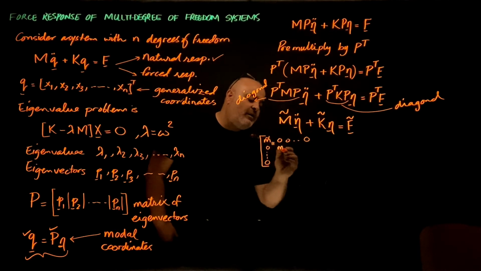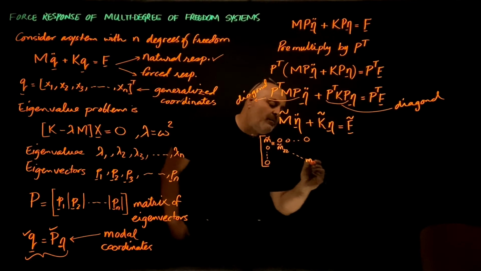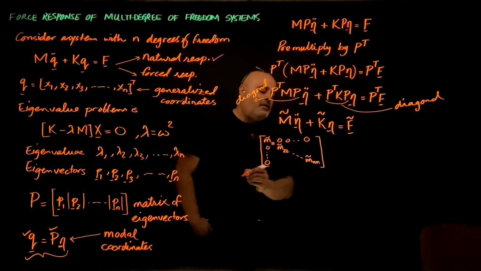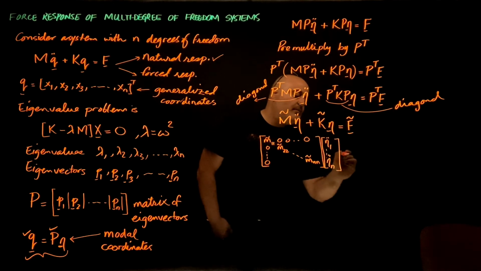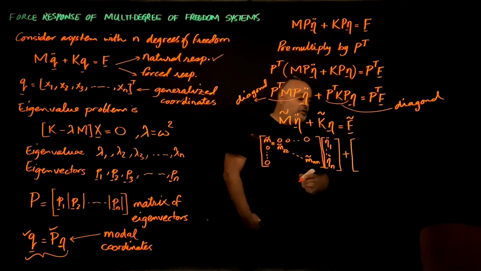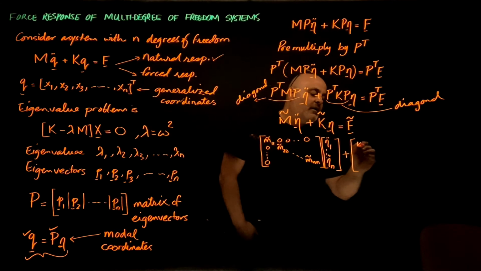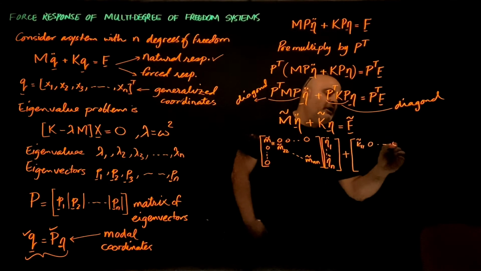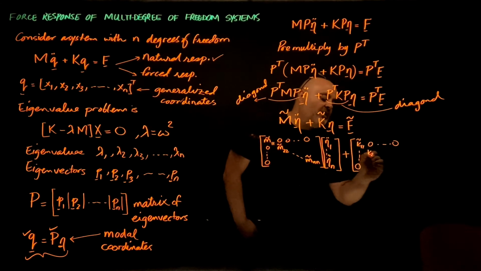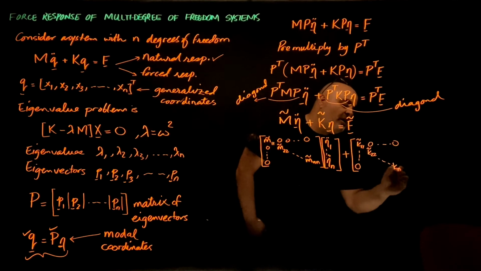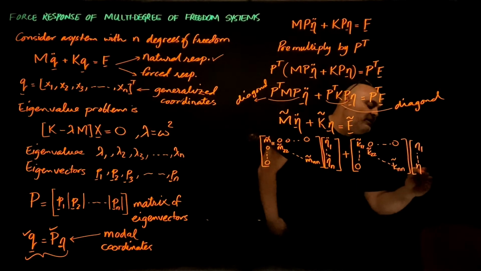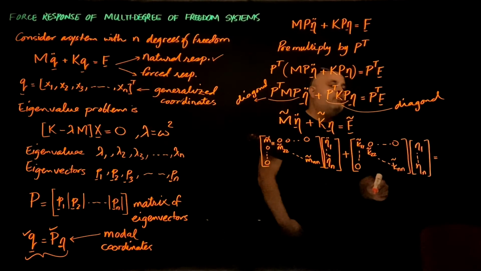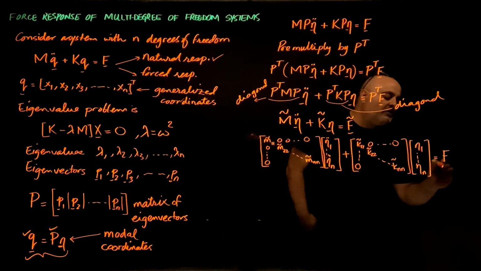And on the diagonal, I will have M 2,2 tilde all the way to M n,n tilde times eta 1 double dot all the way to eta n double dot plus matrix K tilde is also diagonal, so that will be K 1,1 tilde and zeros all the way, and this will be K 2,2 tilde all the way to K n,n tilde times eta 1 to eta n equals the vector F tilde.